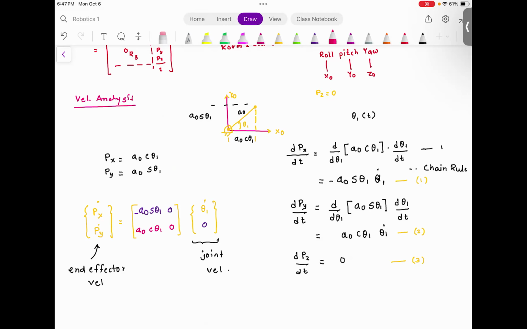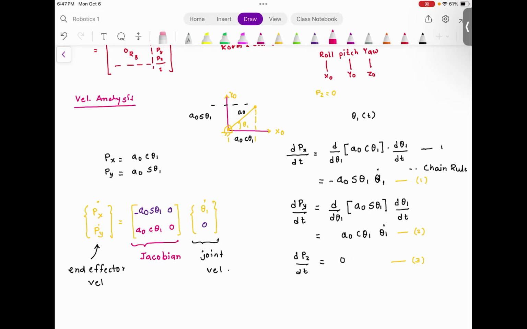The reason this matrix is expressed like this is that it is called the Jacobian. What is a Jacobian? The Jacobian is the matrix that relates joint velocities to the end effector velocity.